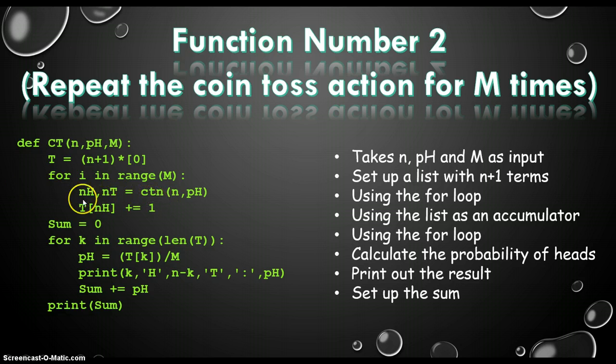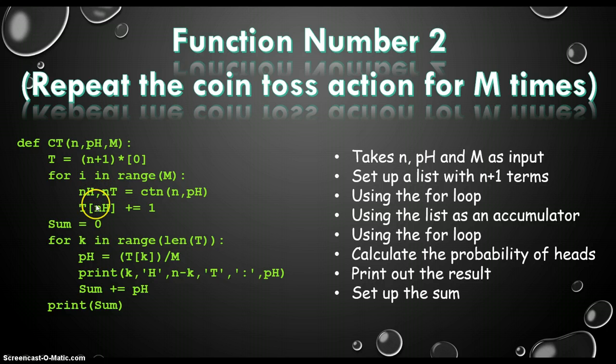And what this will do is, for example, after you flip the coin n times, you have, for example, 2 heads and 3 tails, which is the combination.